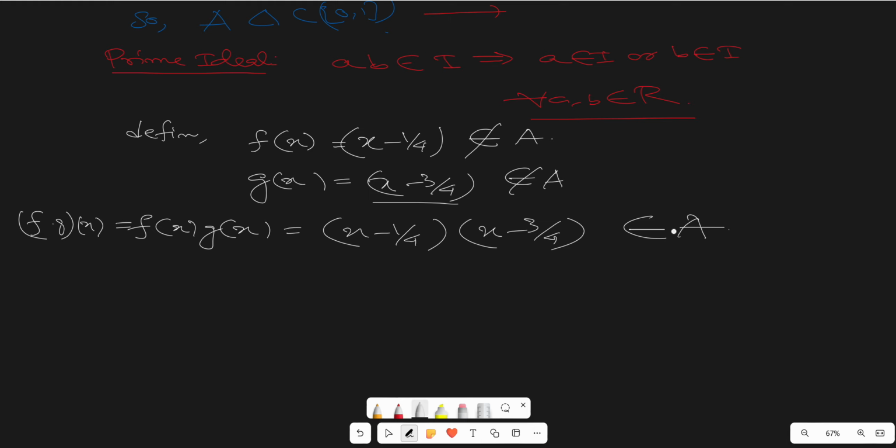So what is the meaning of that? What is the contrapositive of the definition?